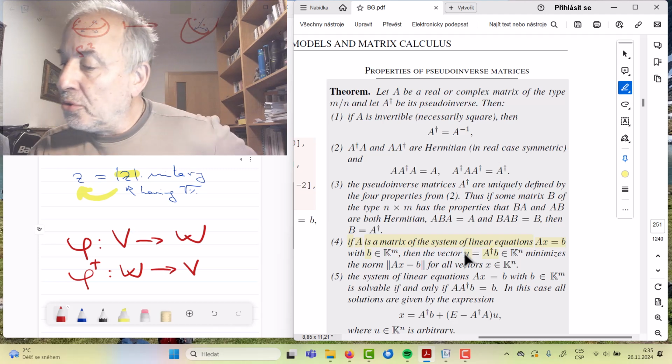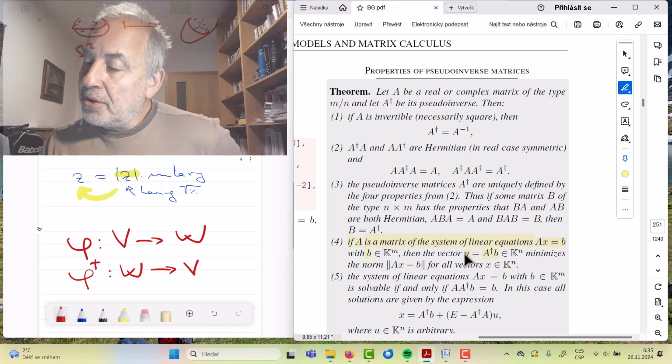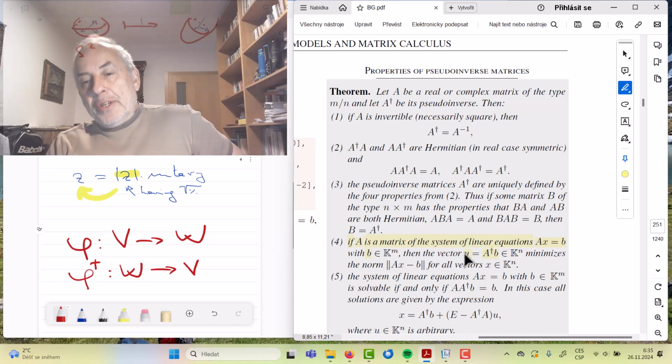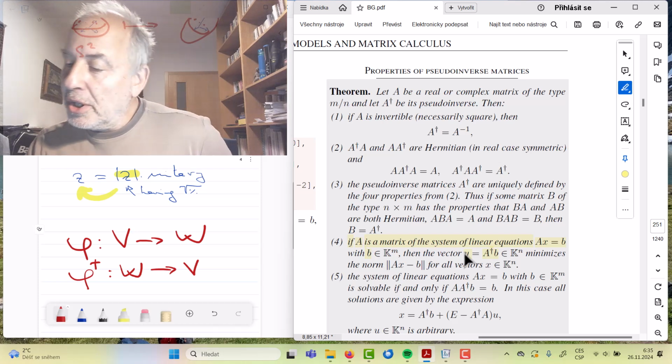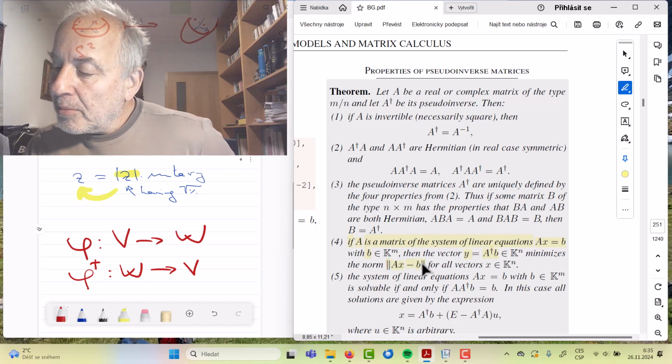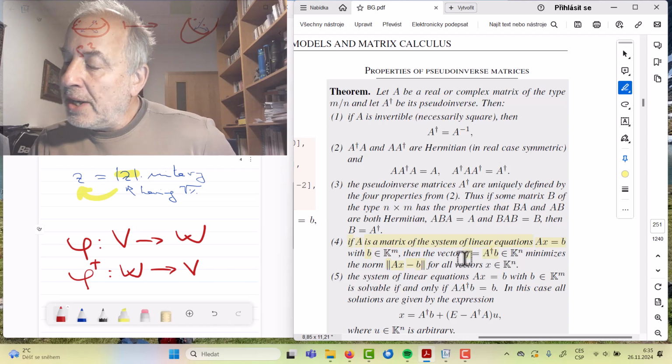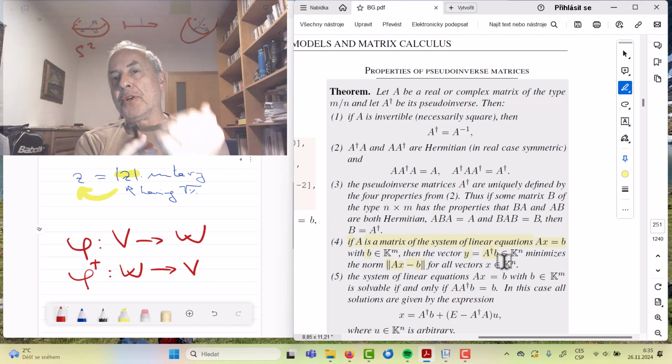But what we do know by the theorem, and it's a straightforward consequence of how it was constructed, is that what we get, this y, is actually the minimizer of the distance.